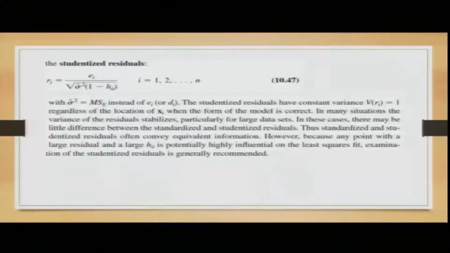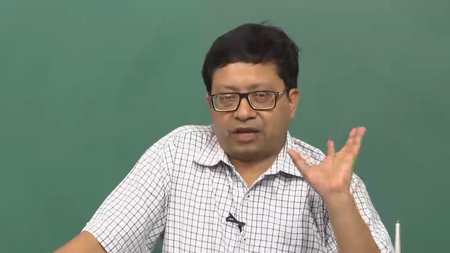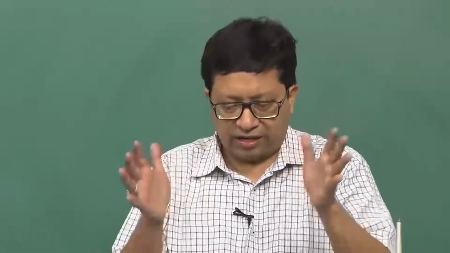The studentized residuals have constant variance, which is 1, regardless of the location of x, the mean value. In many situations, the variance of the residual stabilizes depending on how much more data you have. So, obviously, for a smaller number of data points, the variability, or considering the concept of consistency, would be very high. As you take more and more data, they would cluster around the mean more and more.